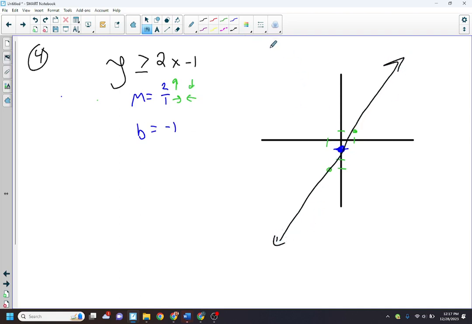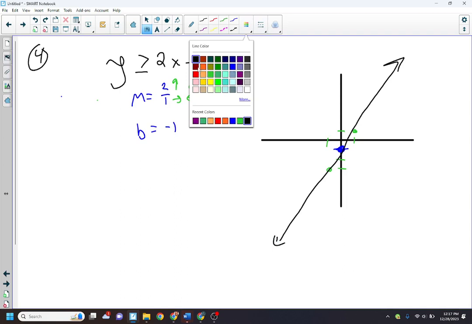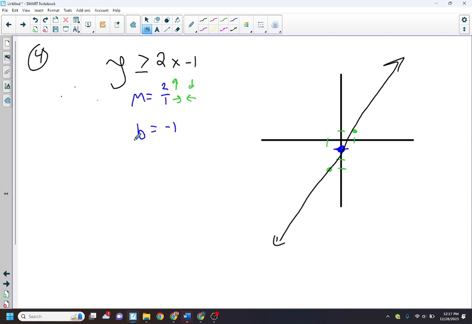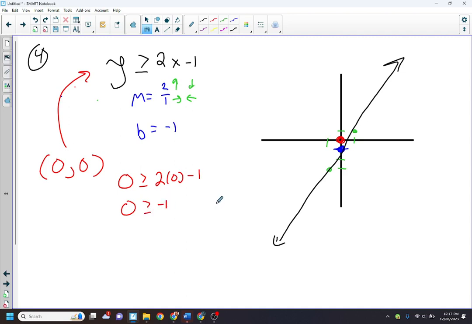Now, here's the last thing. In this section, you need to figure out where you're shading. I'm going to pick a point to plug in. Usually I plug in 0, 0, but you can plug in any point that's not on the straight line. So I take 0, 0 and plug it into the equation. 0 is greater than or equal to 2 times 0 minus 1. 0 is greater than or equal to negative 1.